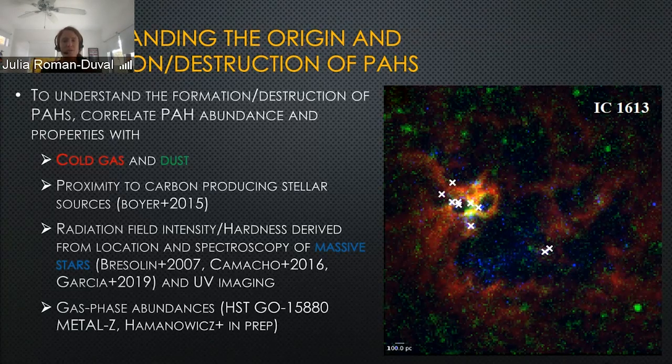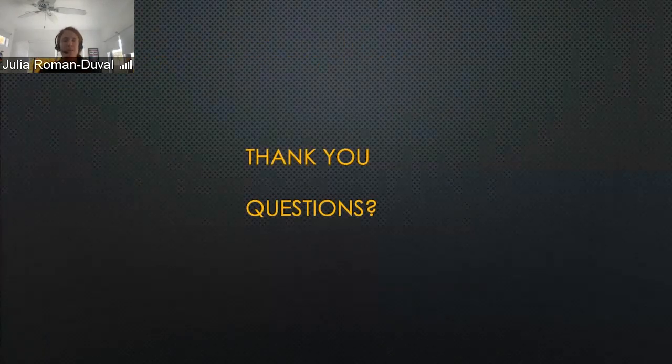And that will just help us put the properties of the PAHs that we observe with the James Webb Space Telescope into context to try to understand not only the formation, destruction, and evolution mechanisms for PAHs, but also how this is influenced by and influences the chemical evolution of these galaxies. I thank you, and we'll take any questions.